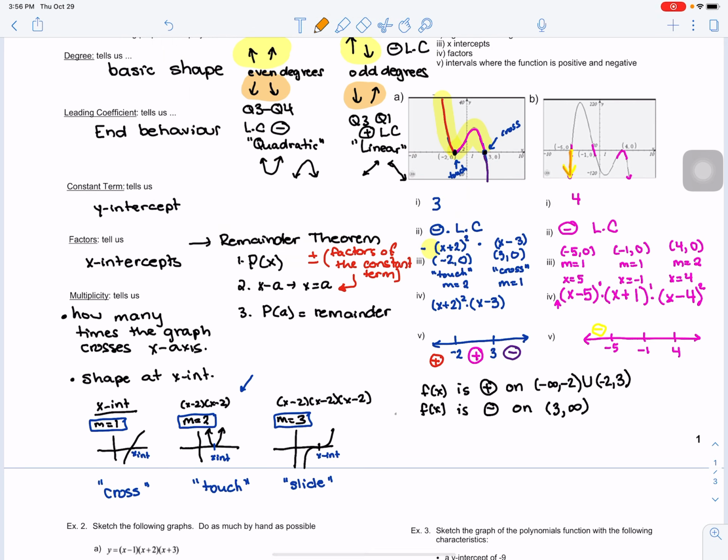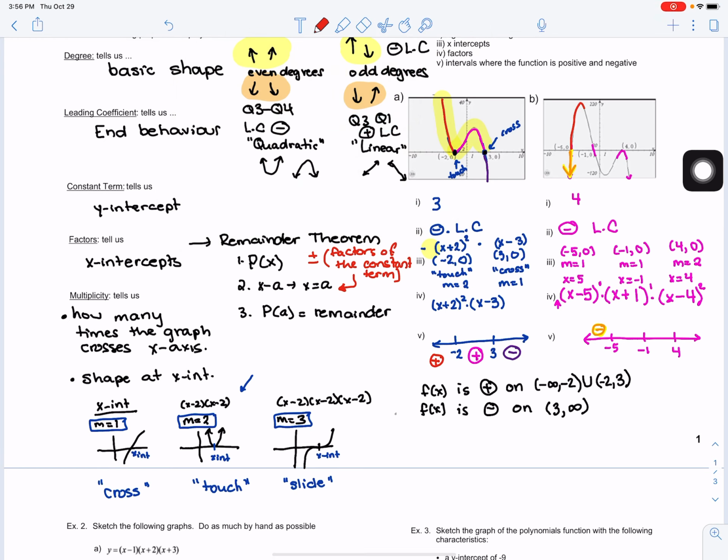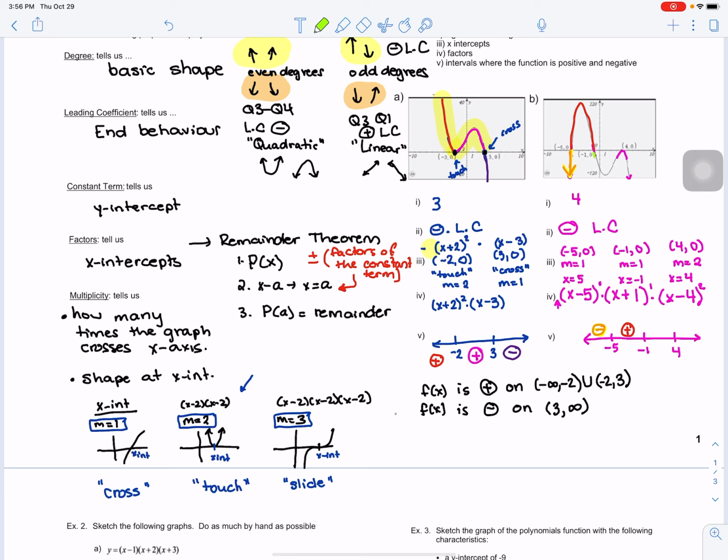In this section, my graph is negative because it's below the x-axis. In this section, all my y values are positive. In this section, all my y values are below, so negative. And in this section, all my y values are negative.